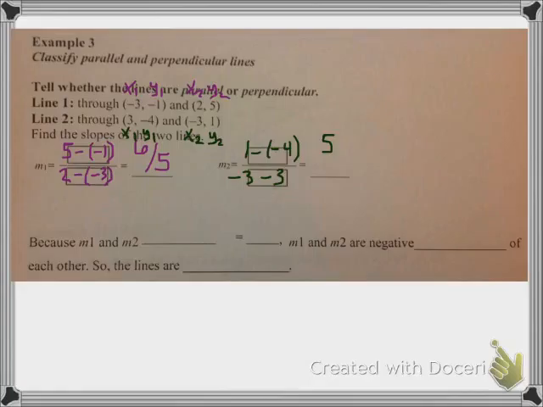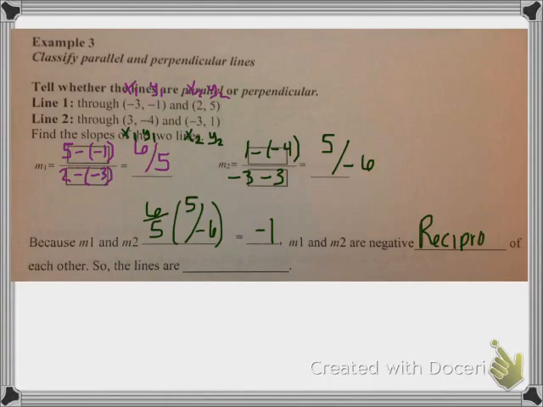Negative 3 minus 3, two negative numbers, we add them, that's a negative 6. So when you look at those two slopes, 6 over 5 and 5 over negative 6, that equals negative 1. Therefore, slope 1 and slope 2 are negative reciprocals of each other, which means that the lines should be perpendicular.